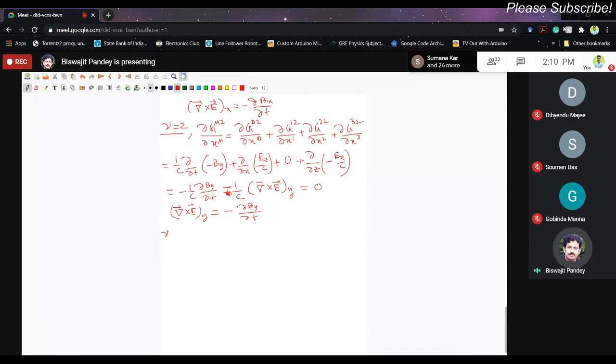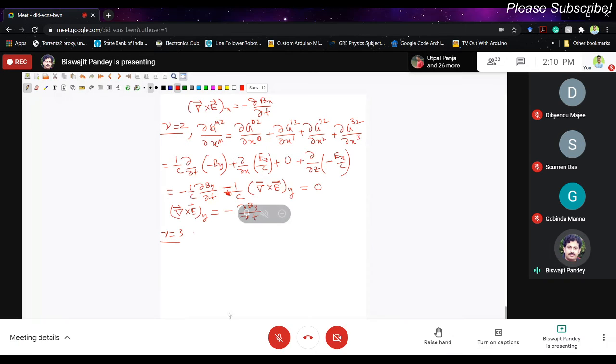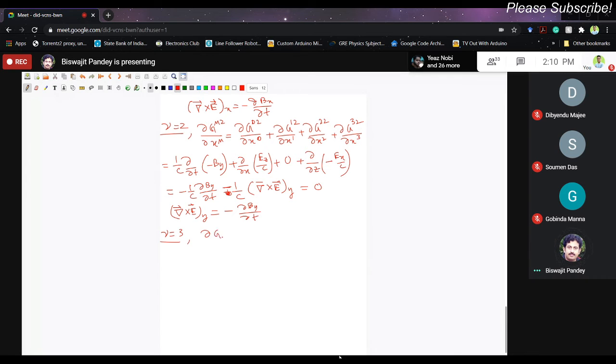And similarly, if I use nu equal to 3, it's similar, again del G mu 3 del x mu, right? So we'll write del of G03 del x0 plus del of G13 del x1, del of G23 del x2, del G33 del x3, right? Then if we put the values again in the same way, first one you see F03.